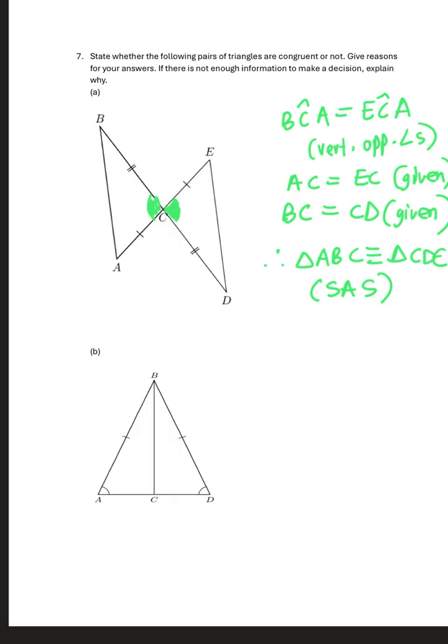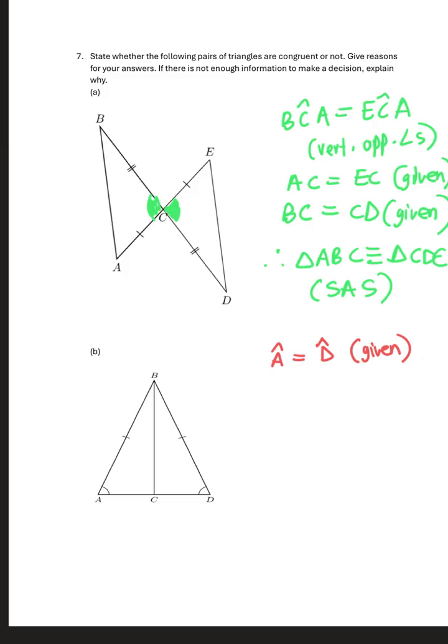Okay, what do we have? We have what is given. We are given that angle A is equals to angle D, right? This is given. No problem. And the other thing that is given is what?